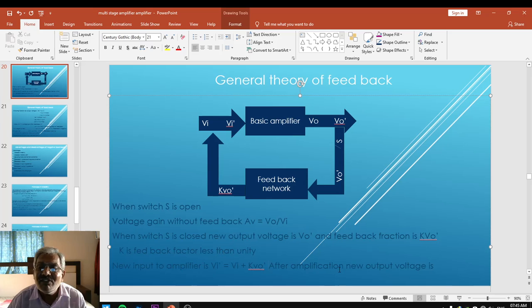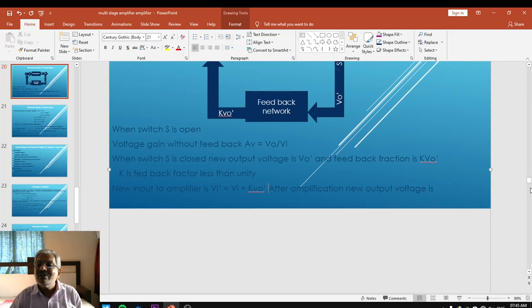After amplification, when Vi dash, that is Vi plus K times Vo dash, is amplified, the new output voltage Vo dash is equal to gain times the input voltage.